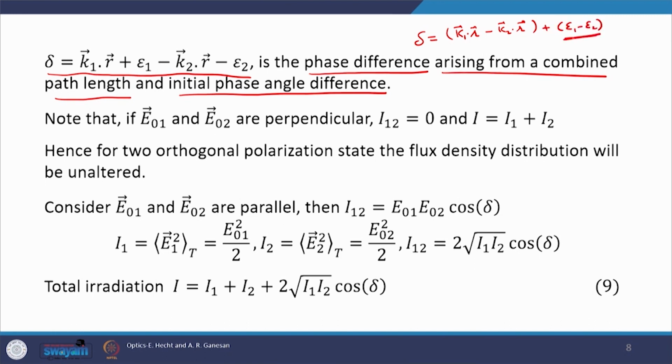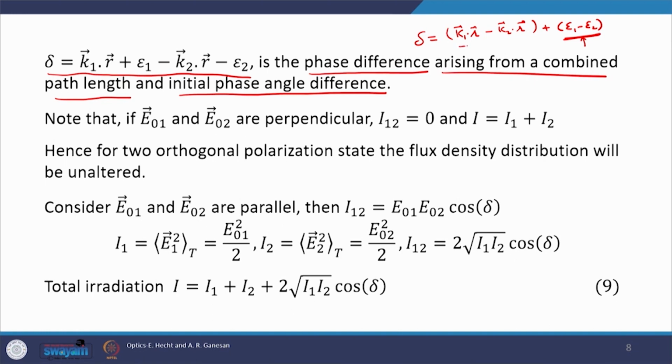This term is the phase difference arising out of initial phases. Epsilon 1 is the initial phase of wave 1, epsilon 2 is the initial phase of wave 2, and therefore epsilon 1 minus epsilon 2 is the phase difference arising out of initial phases.